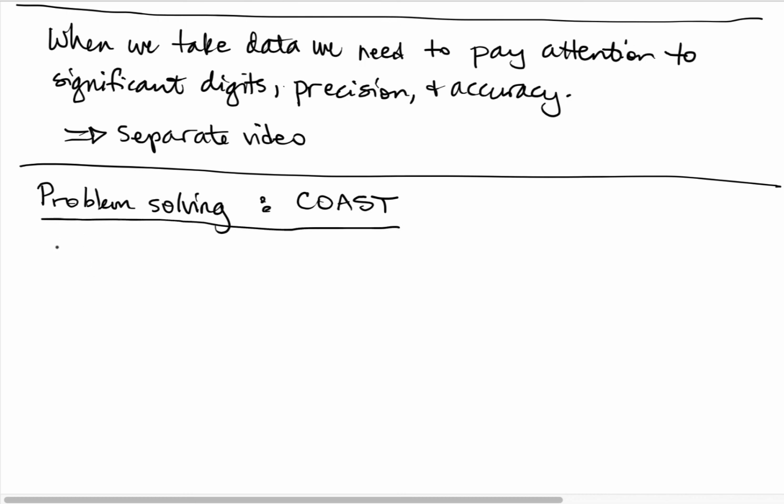So COAST, the first two letters stand for collect and organize. So you're going to read through a problem. You're going to identify what all of the numbers are, all of the different measurements are that you have, all of the pieces of information you have, and you're going to collect them all together and put them in some kind of an organized way.